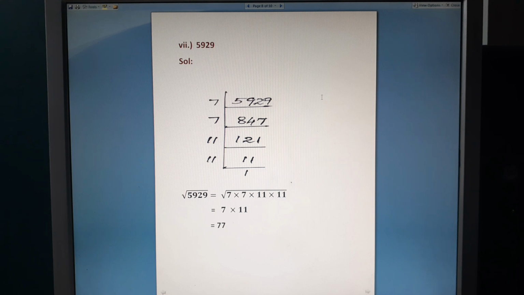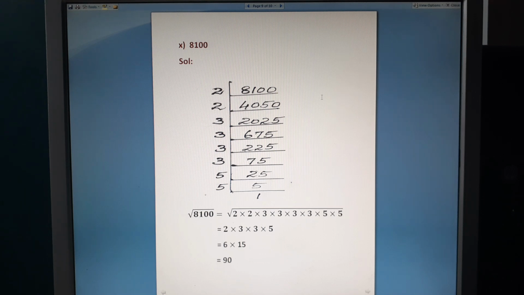Root of 5929 is equal to root of 7 into 7 into 11 into 11. That is equal to 7 into 11 is equal to 77. Therefore, root of 5929 is equal to 77.